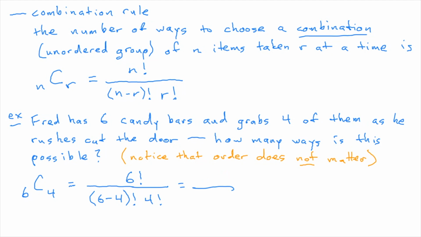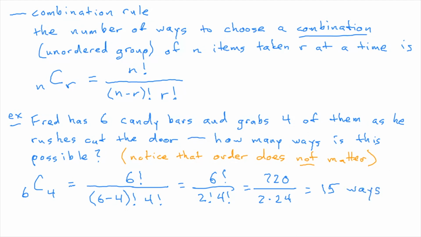I'm going to just write 6 factorial. All I'm doing is this parenthesis thing. So 6 factorial divided by 6 minus 4, that's 2 factorial, and 4 factorial. So 6 factorial is 720, and 2 factorial is just 2, and 4 factorial is just 24, and we get 15 different ways.